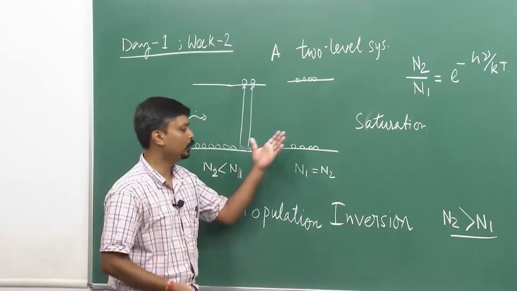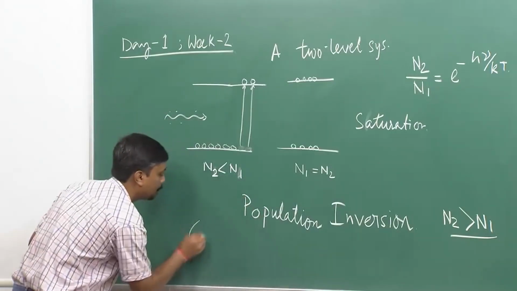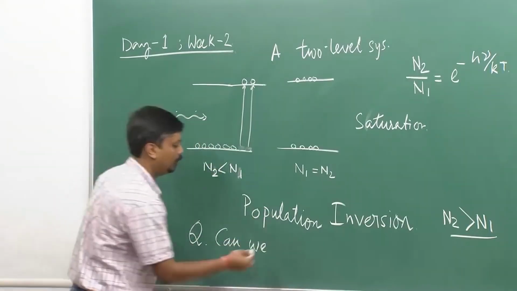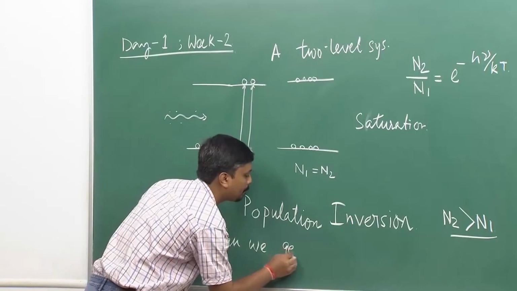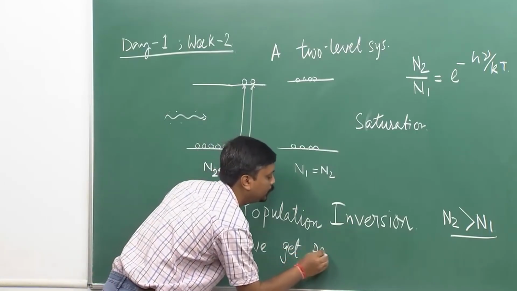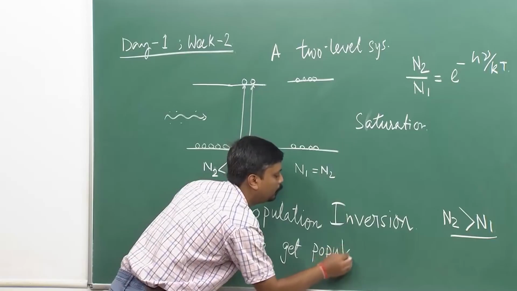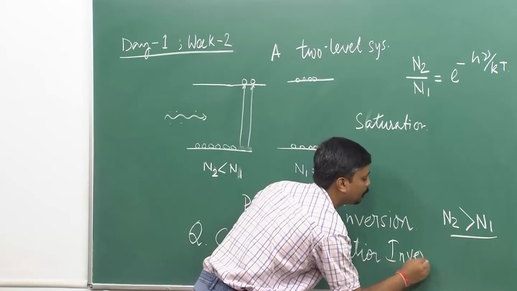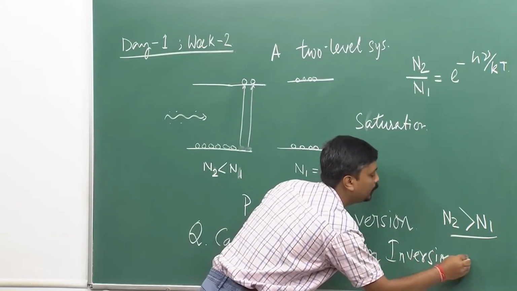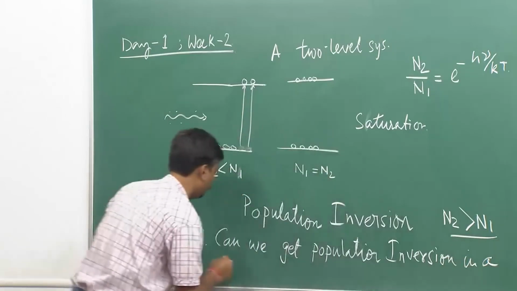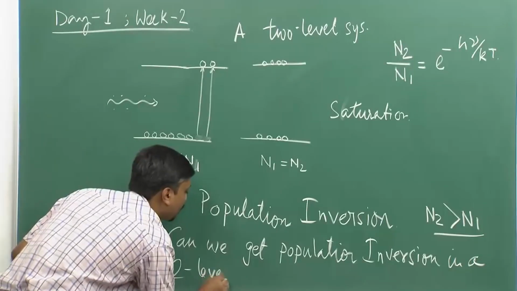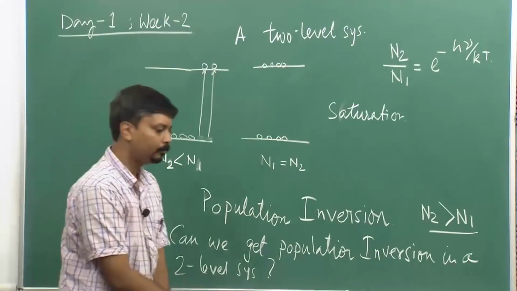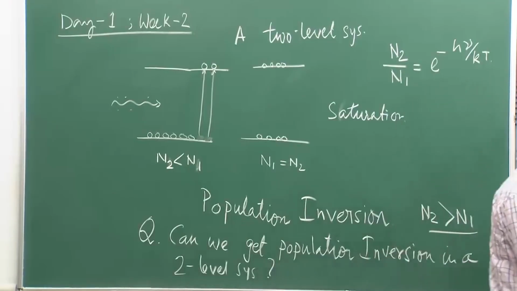So, the question is, can we get population inversion in a 2-level system?